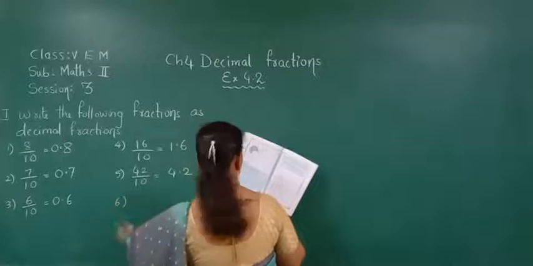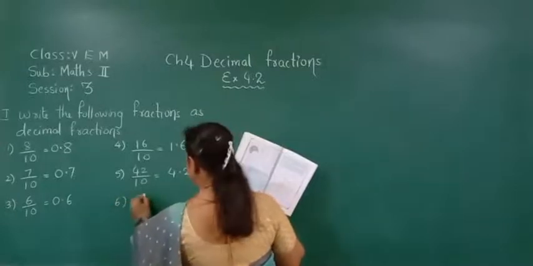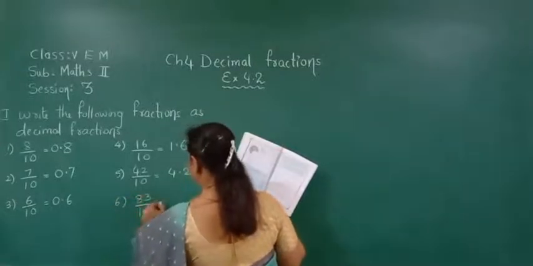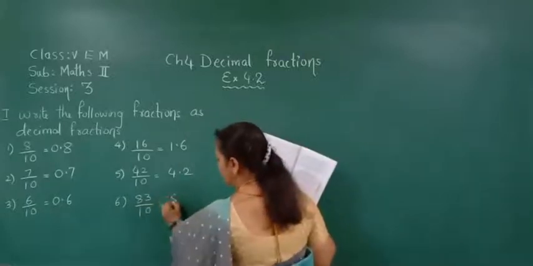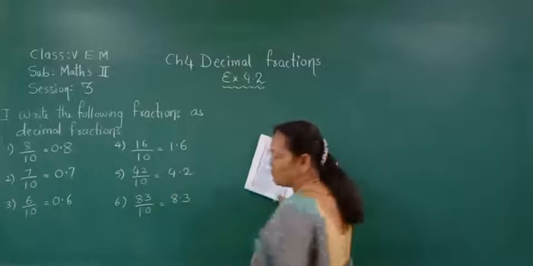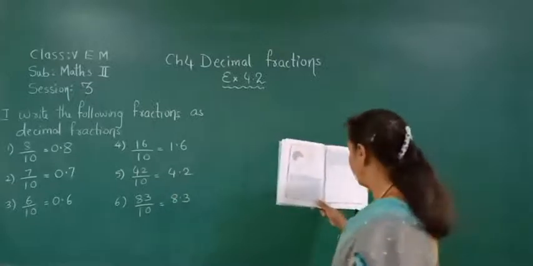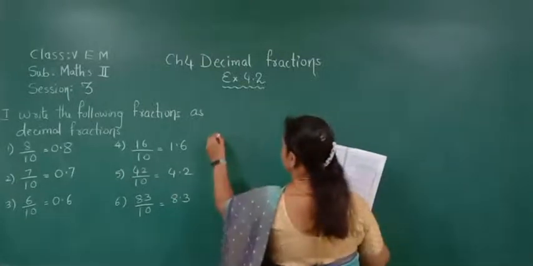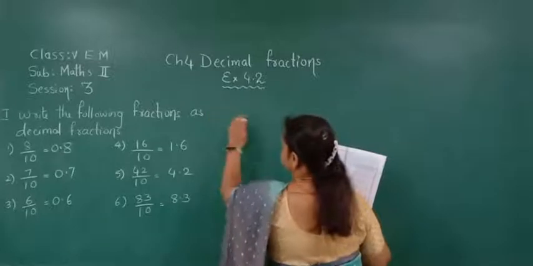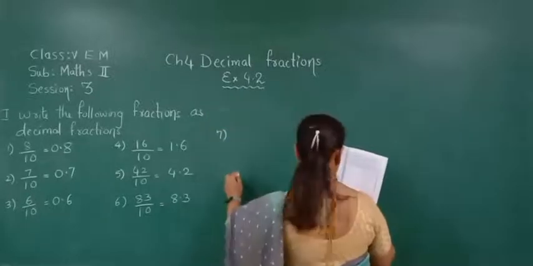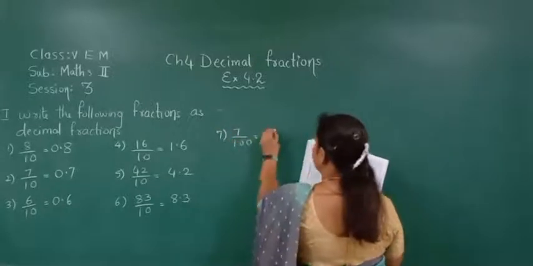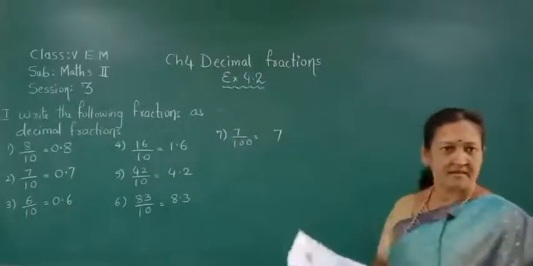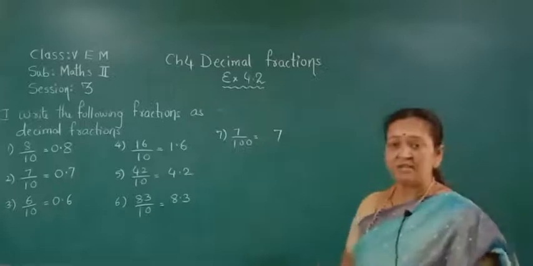Then sixth question, it is 83 by 10. So 83 by 10, again count one digit and put the decimal, it is 8.3. Then seventh question, it is 7 by 100. Now check here, write 7 as it is, then count the number of zeros.